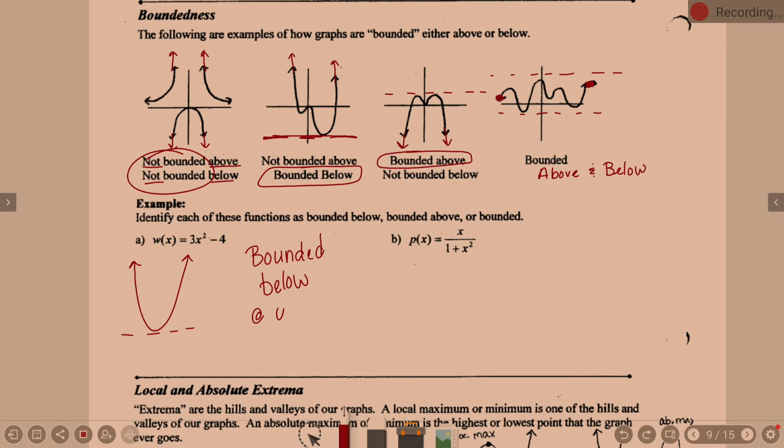At y equals -4. As I said, my focus is just, can you identify how it's bounded? Above, below, not bounded, bounded. And I think the book might say bounded on all domain, or it gives some, I can't remember, I'll have to look and see. Okay. B, have you graphed B? Yeah.